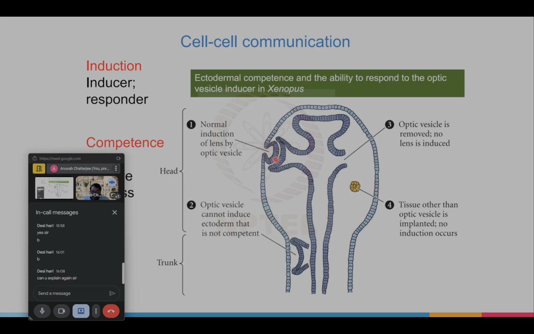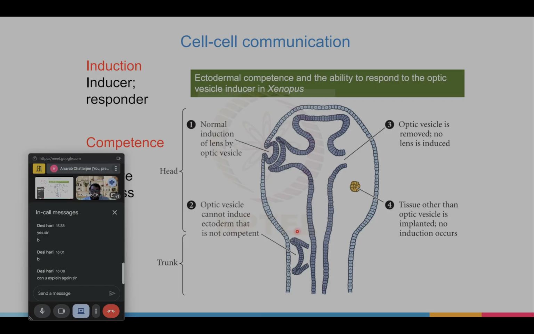And lens formation is this invagination of the layer, which is the initiation of the lens. It will later on form the lens of the organism. So if there is no thrower or no one to throw the ball, doesn't matter if a competent catcher is there, no change occurs. If there is a person who cannot throw the ball at all, again doesn't matter if a competent cell layer is there, they will not be able to show any changes.